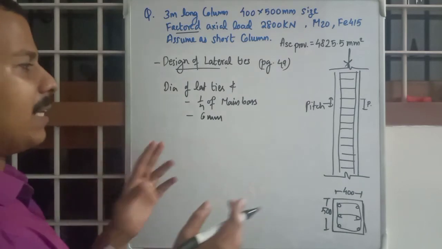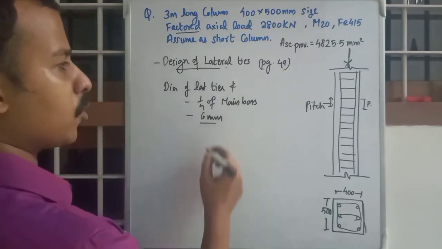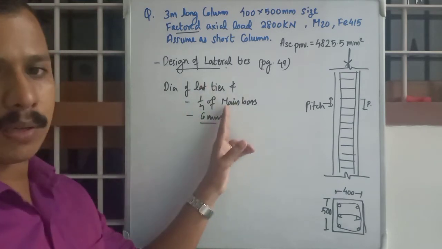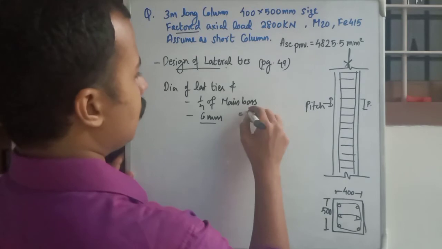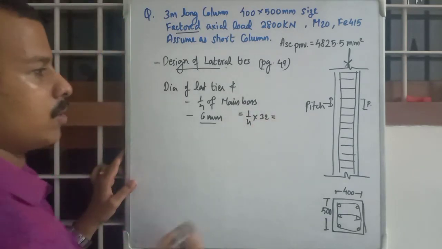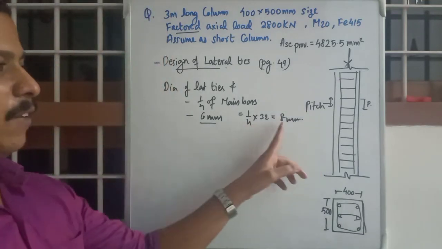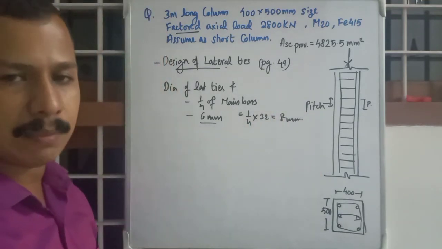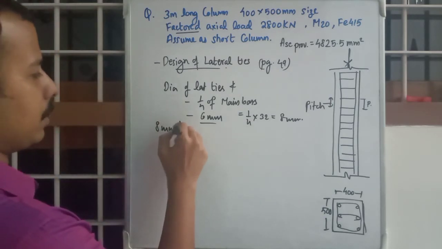In any case it shouldn't be less than 6 mm, and it shouldn't be less than 1/4 of the largest main bar. So in this case it was 1/4 into 32, that is 8 mm. So our reinforcement will be 8 mm diameter.